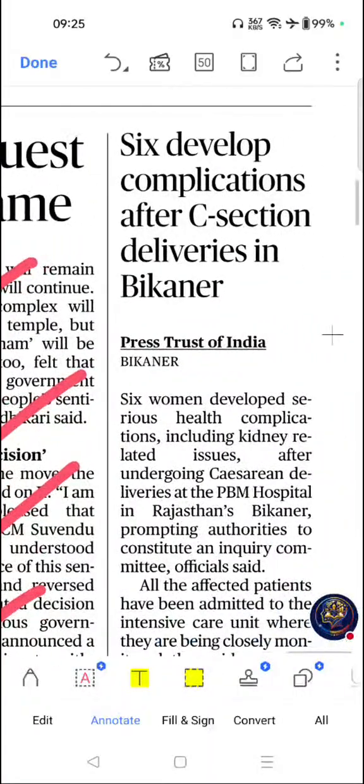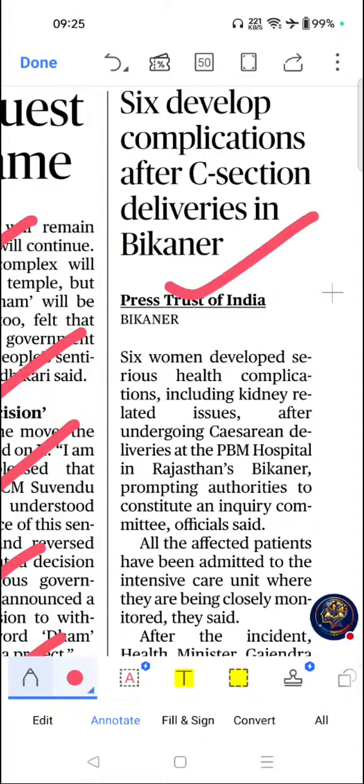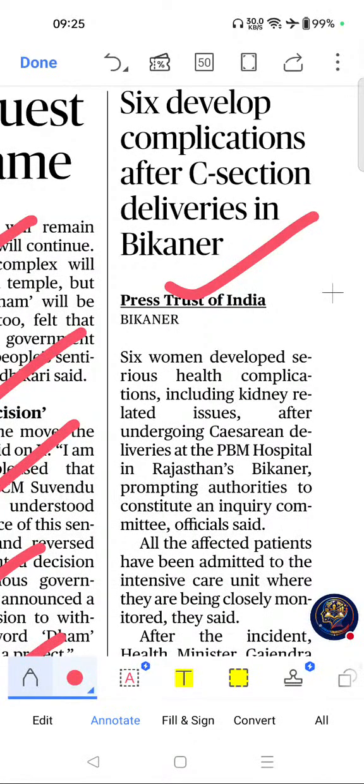Or this one. Next important article was this. Six develop complications after C-section deliveries in Bikaner. If you see the importance of this article, maternal health is a recurring UPSC social sector topic.